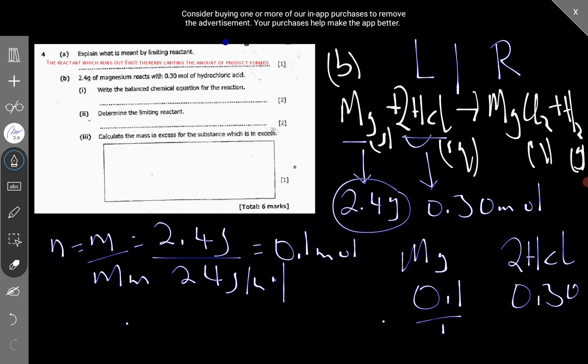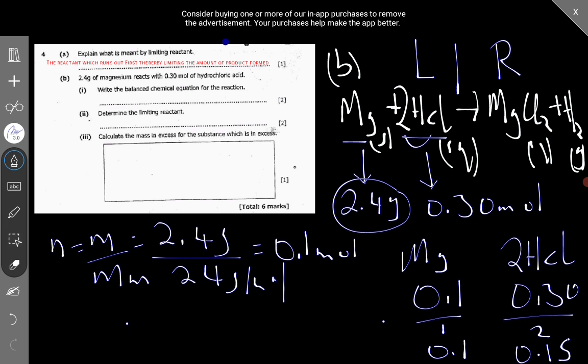This one divided by 1, this one divided by the coefficient, which is 2. Here you still get 0.1, but this side you have 0.30 divided by 2, you get 0.15.